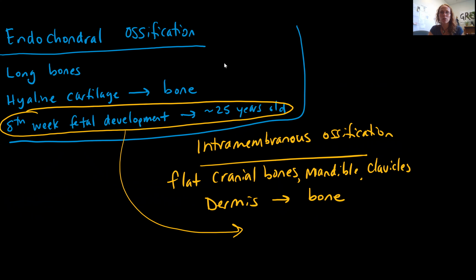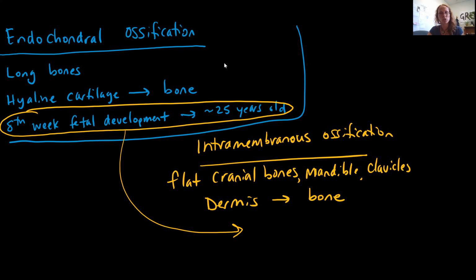With our endochondral ossification, we talked about this as being the formation of our long bones, starting with hyaline cartilage, converting that into bone. We said that this begins as early as the 8th week of fetal development, and it continues until about age 25. Now, most of the skeleton is formed via endochondral ossification, but some of it is formed through intramembranous ossification.